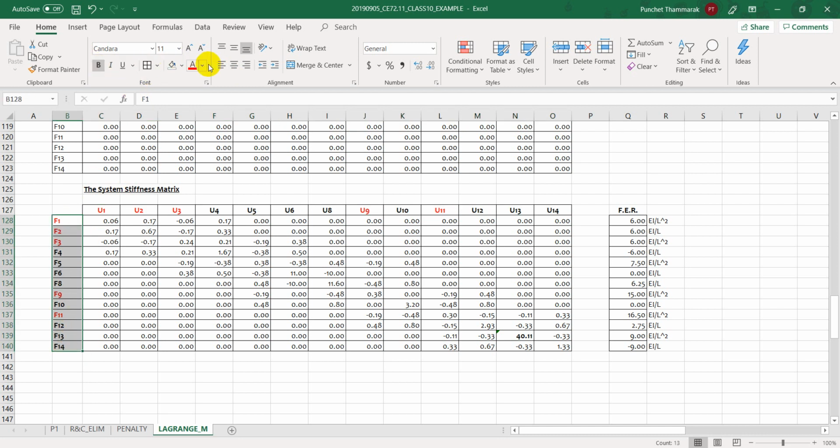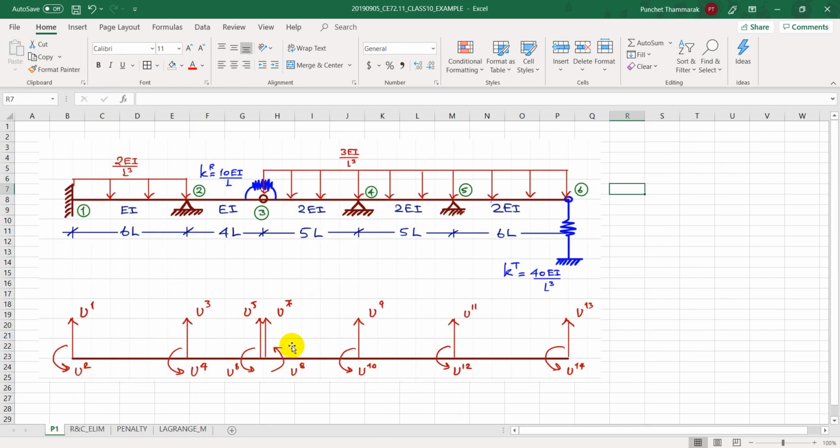In fact, if you do not want to just group the degrees of freedom, the way we work in Lagrange multiplier could be the same as in a computer structural analysis program. In a case where, let's say in SAP, you want to put the hinge over here, right?